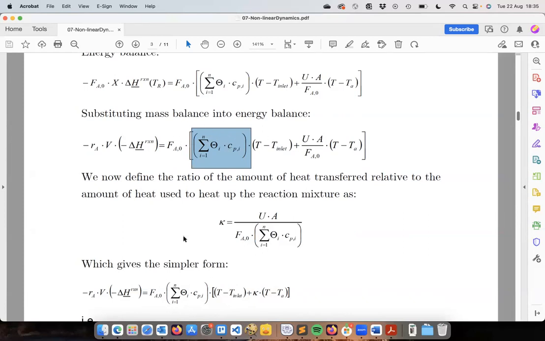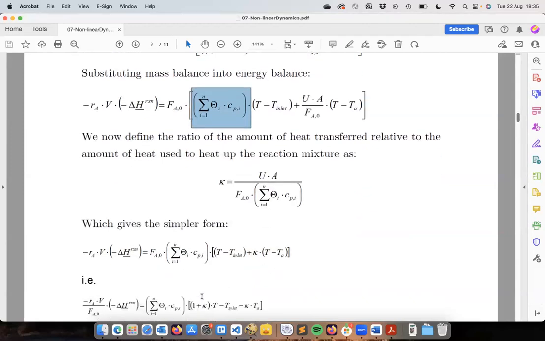So if we write that out, you can see it down here, right? We've extracted the theta I CPI term from the square brackets. So that's fine for the first term. So the first term can stay as it is.